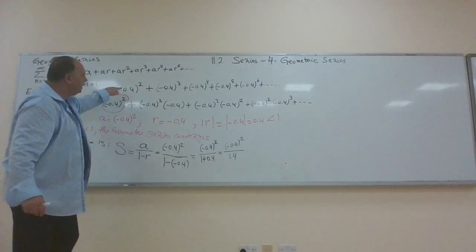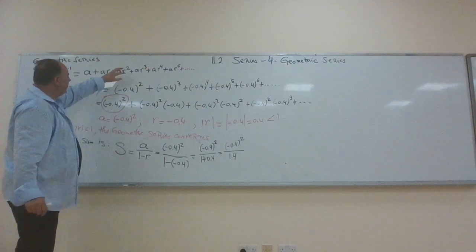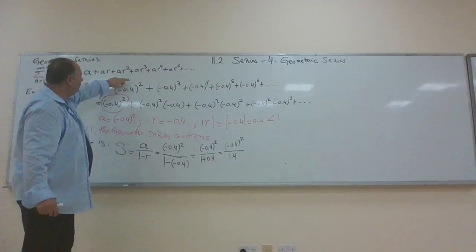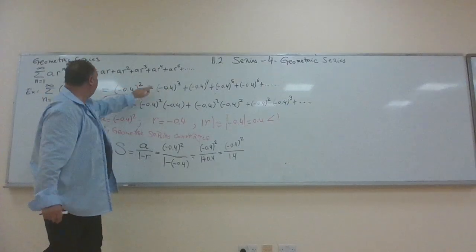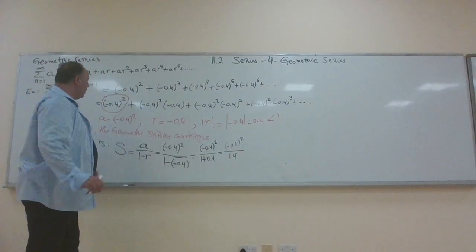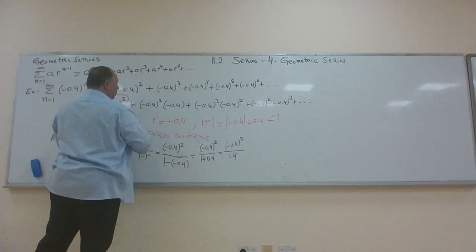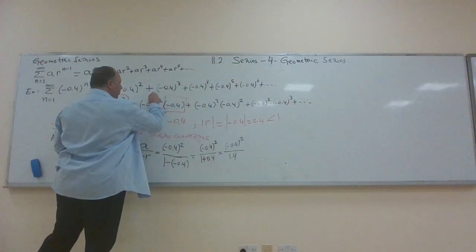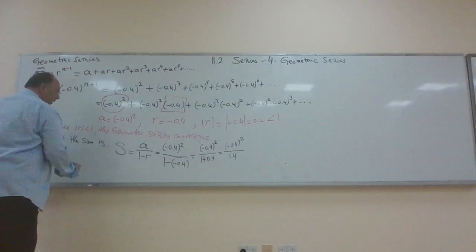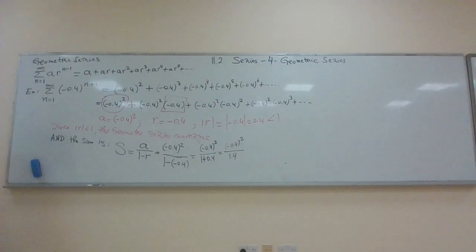We always write out a couple of terms, at least 3, 4. And then we realize which term is the first term, and then we try to factor it so that we have A times R. That way we identify R also. Here, our R was given here. And then, since R in absolute value is smaller than 1, the series is convergent, and we can find the sum.